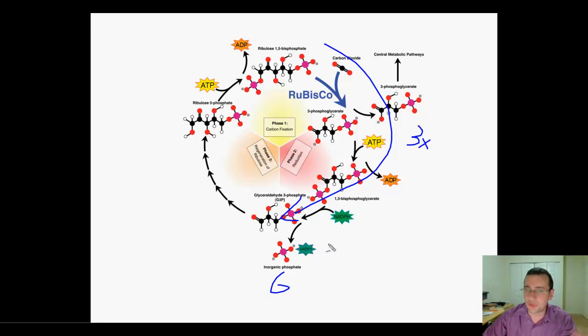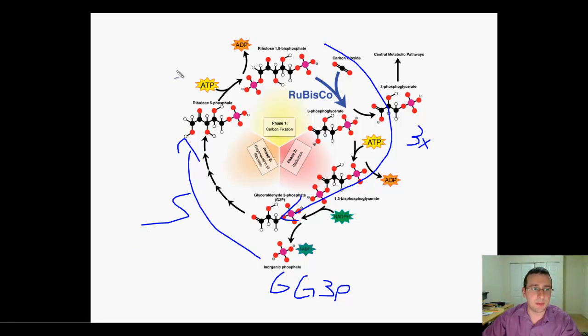But you need to do this 3 times to make a total of 6 G3Ps, so that 5 of them go this way. So 5 of the 6 will go that way to rebuild Rubisco at the expense of 3 ATPs. Meanwhile, 1 of the 6 G3Ps will go out of the cycle, which is actually what I wanted to make.